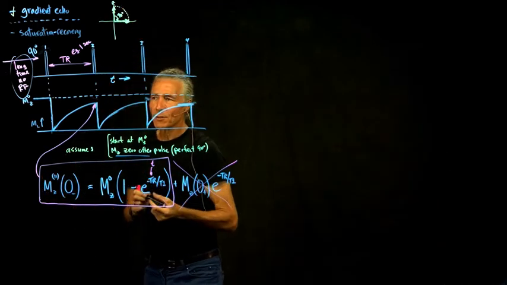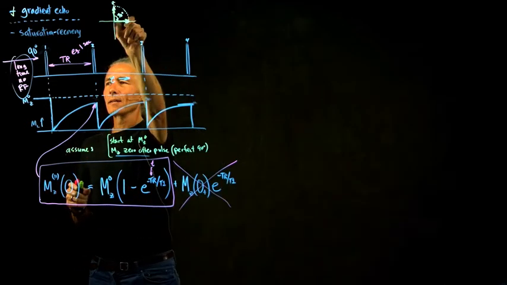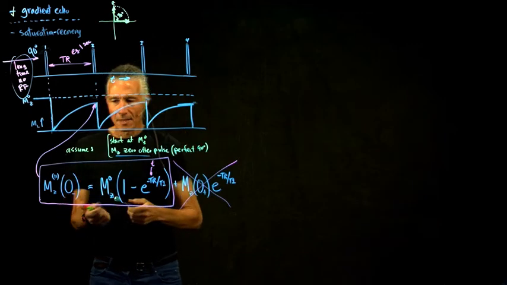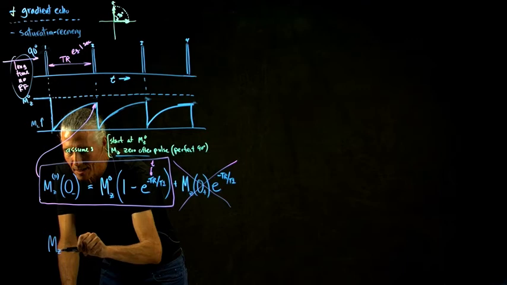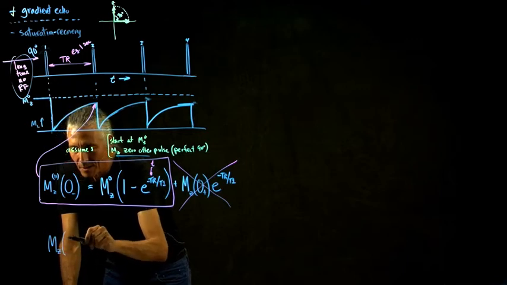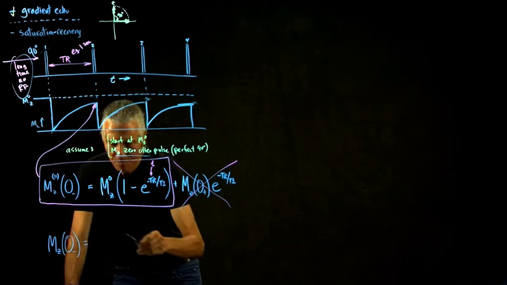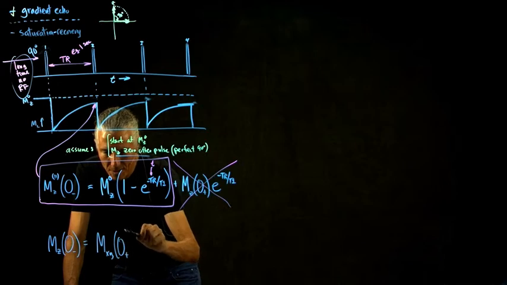And we completely turned that into transverse because we're assuming there was no decay during the RF pulse, because the RF pulse was so short. And so what that says is, our Mz just before the pulse is going to equal our Mxy just after the pulse.